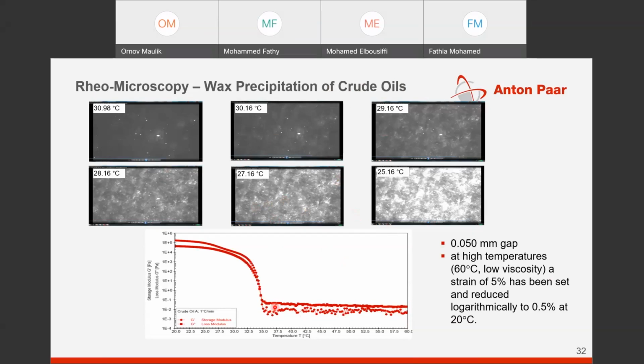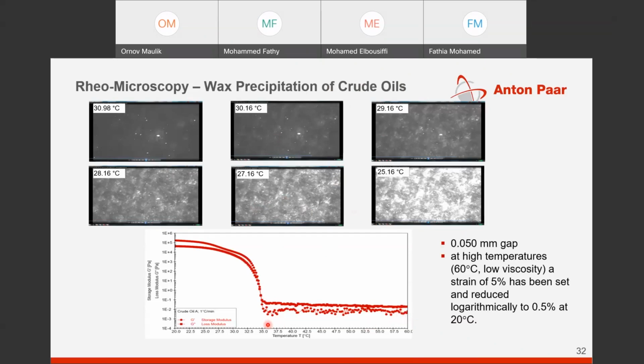That means it is somewhat behaving as a viscoelastic solid, but you can also see that the magnitude of G double prime is not that much, the difference is not very high. So it is somewhat in the viscoelastic solid range, but still you have a lot of viscous property in that particular sample.